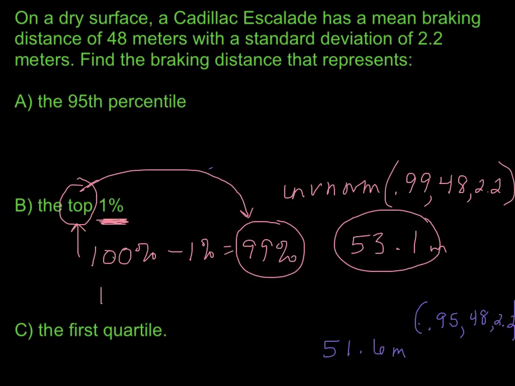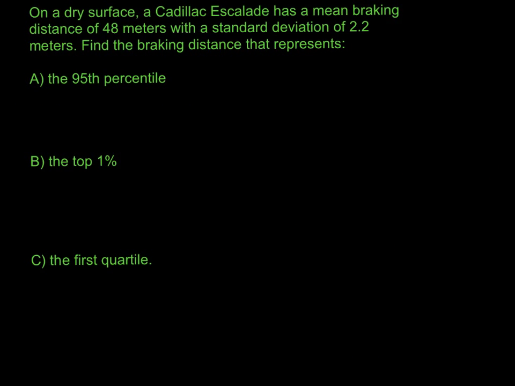So the last problem we're going to look at is what's the braking distance that goes with the first quartile. So let me erase some of this writing for the last one. Okay, so now we're dealing with the first quartile. We know what quartiles are. You did those in the first module when you were dealing with the 5-number summary and the box and whisker plot. If you remember that key word quart in quartile, the first quartile was Q1.